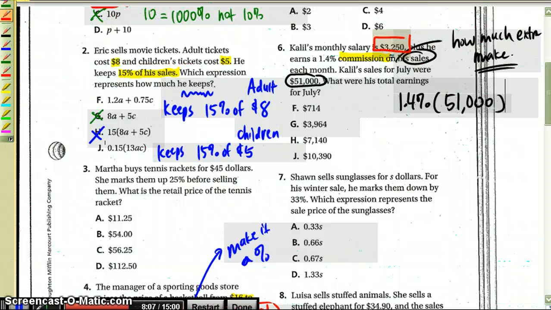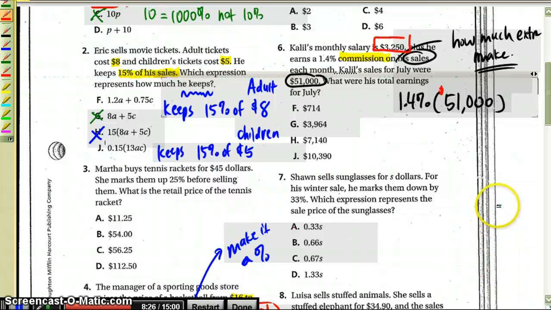That's her base salary. It's just her constant money that she's going to be getting as an employee of that company. But she'll get an extra 1.4% for whatever she sells. In the month of July, she sold $51,000.